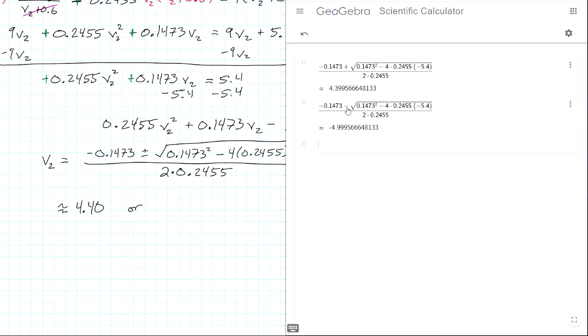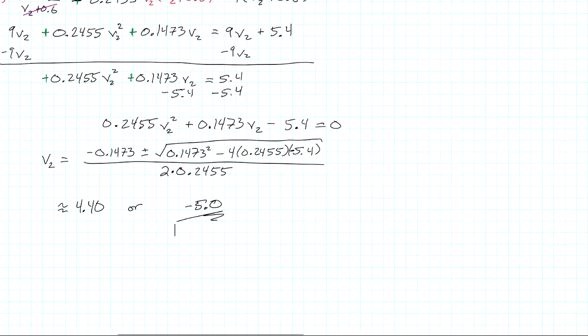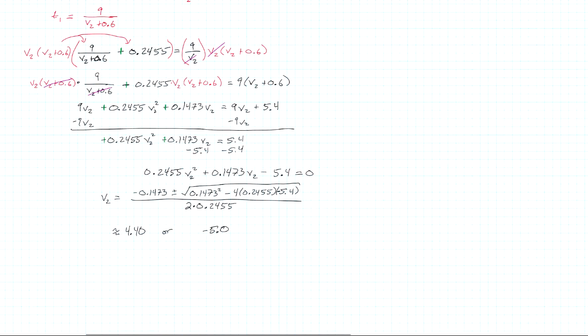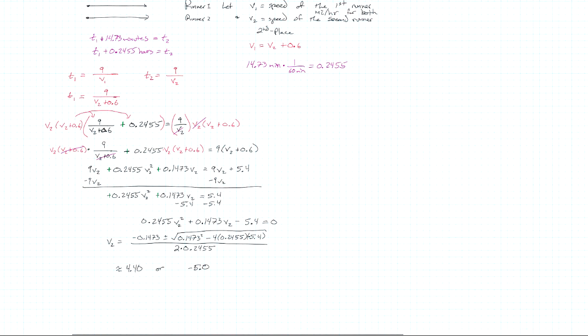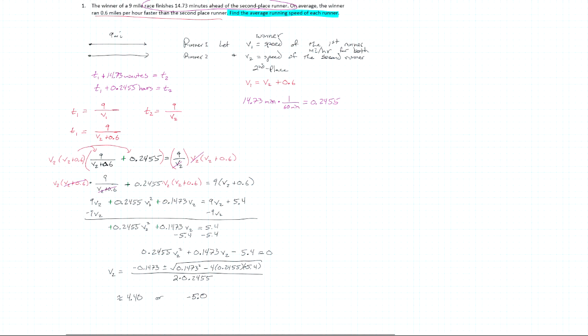And that's a negative 5.0. But that doesn't make any sense for it to be a negative there, so we won't use that one. Okay, so we've almost got this all wrapped up here. V2 is 4.40, and so that's the speed of the second runner.